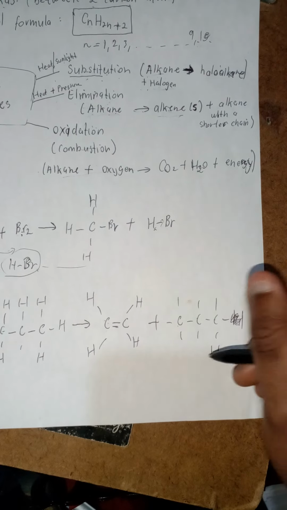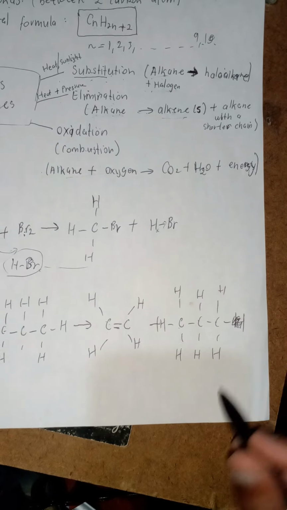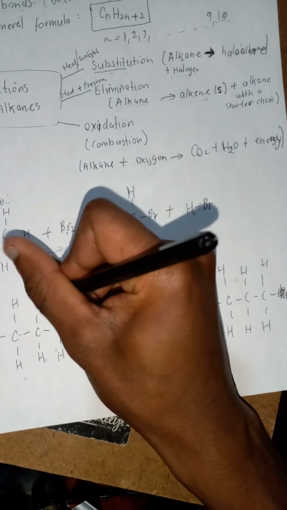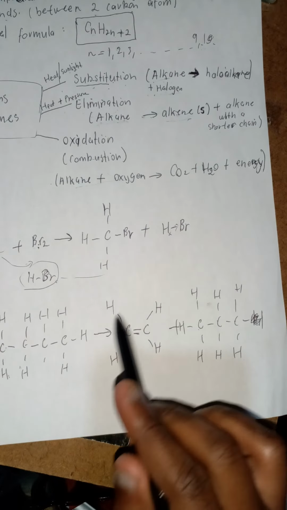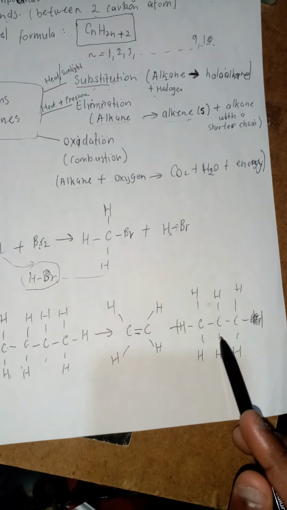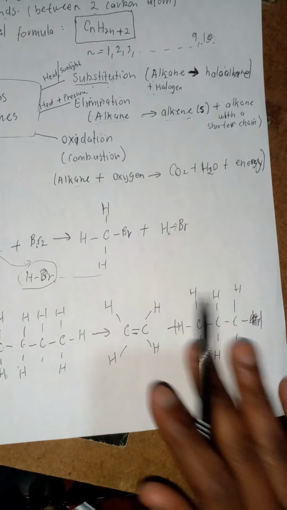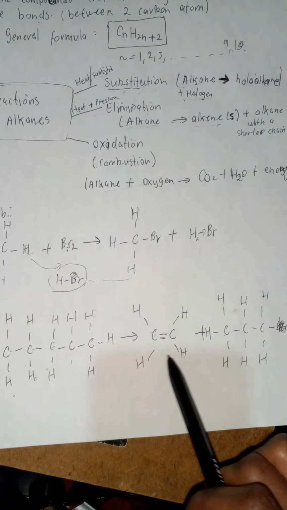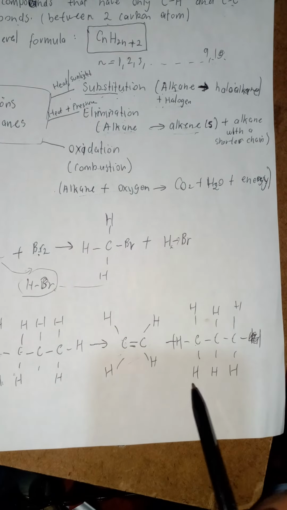So it's supposed to be 3 H. And now your compound is balanced. It's now this alkane decomposing, forming an ethene and forming a propane. So now your compound is balanced, and this is one of the examples for elimination: an alkane eliminated, forming an alkene and an alkane with a shorter chain.